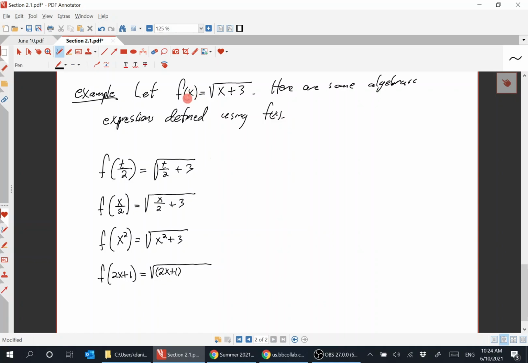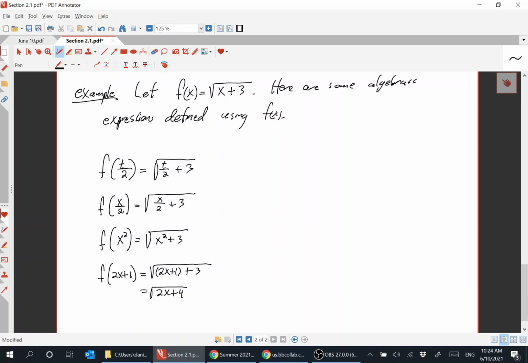Whatever the argument or input presented here, that input is placed wherever input x is shown. So 2x plus 1 is placed in for the x. What's left? Plus 3. Plus 3, right. And you can simplify that, which would be square root of 2x plus 4. So that's what you get when you plug new things into the argument of the function.